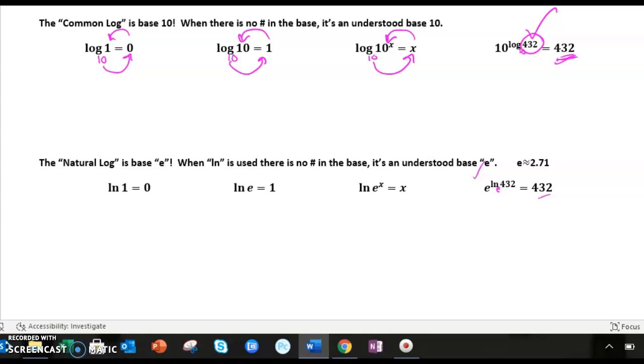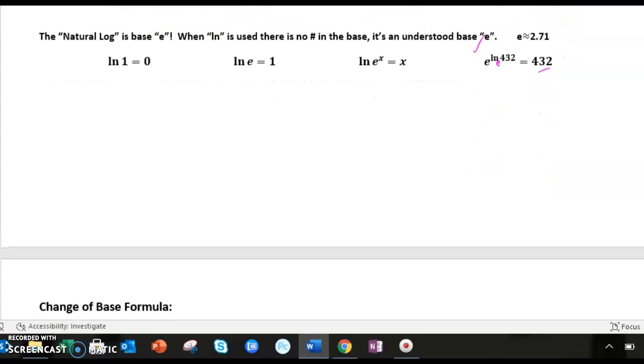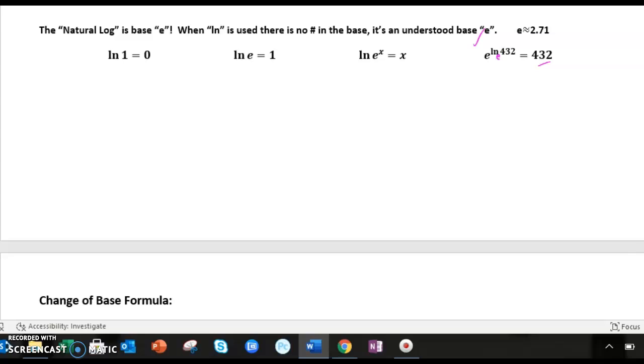Here it is, same four properties, only using natural log. The natural log is base e. When ln is used, there is no number in the base. It's an understood e. And we know e represents the number 2.71. So we have small e's down here.